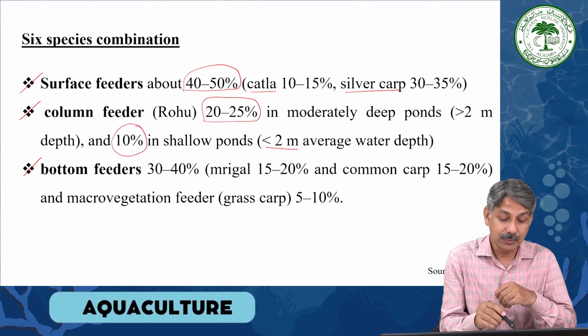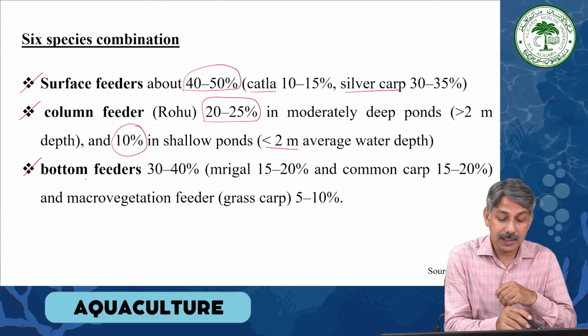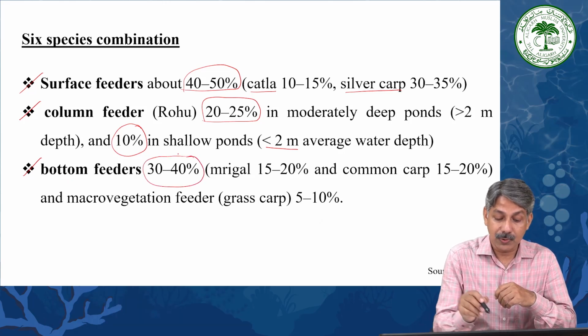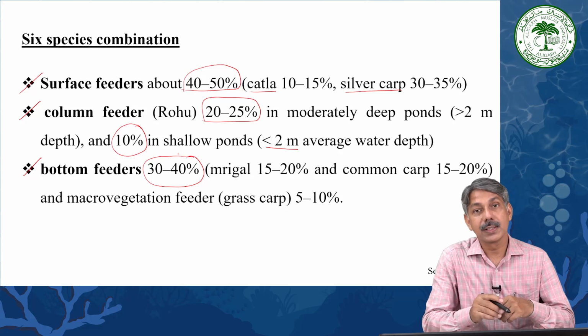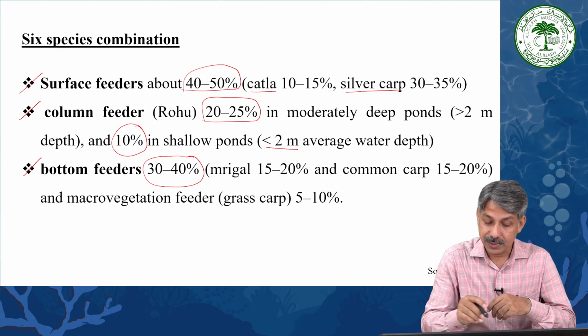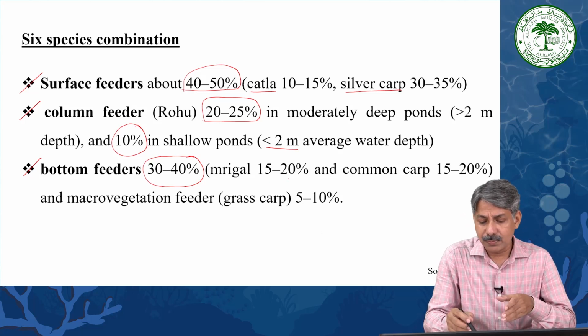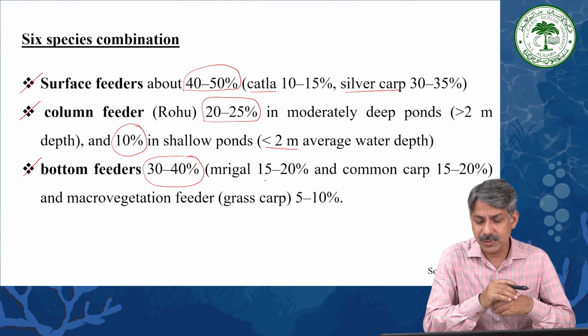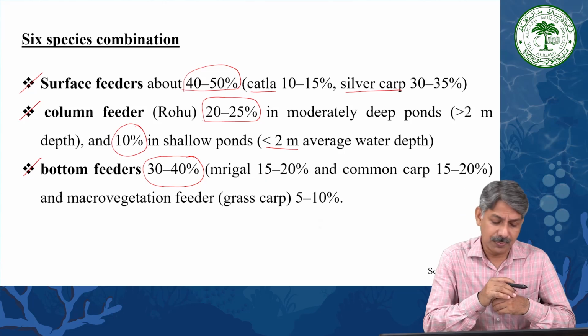I will explain it to you. And in bottom feeders, we can give 30 to 40% of the fishes. Mrigal 15 to 20%. Mrigal is a bottom feeder. Common carp is also a bottom feeder. Mrigal we can have 15 to 20%, and common carp also 15 to 20%.